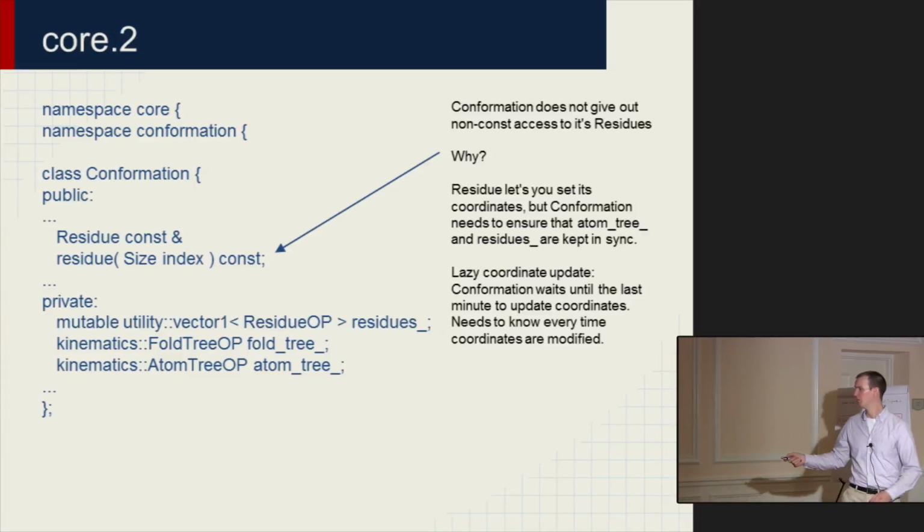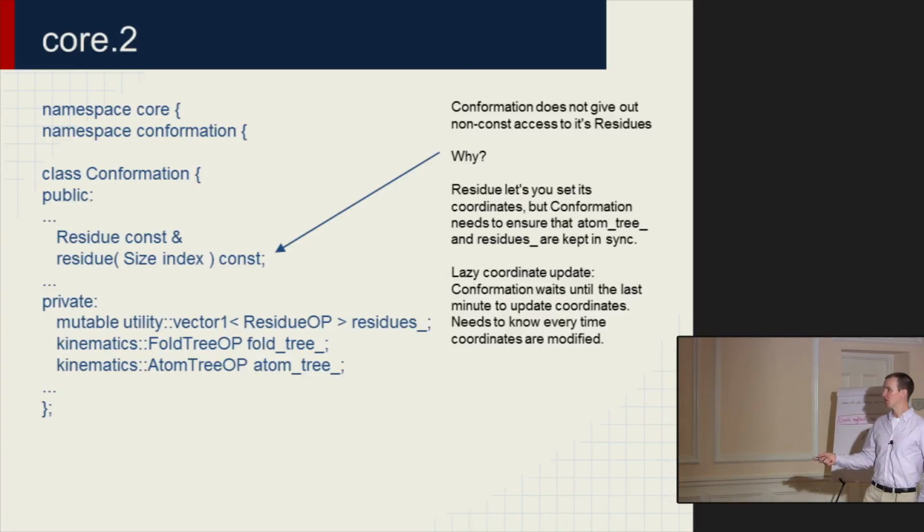And so what's going on here behind the scenes is that, in fact, the conformation has marked this piece of data as mutable so that it can change it inside of a constant function. We're going to talk a little bit more about const tomorrow, but it means if this is constant, then when you invoke it on the conformation, the conformation isn't going to change.